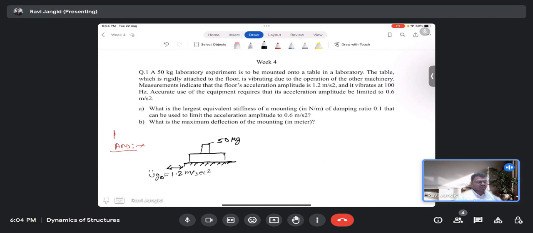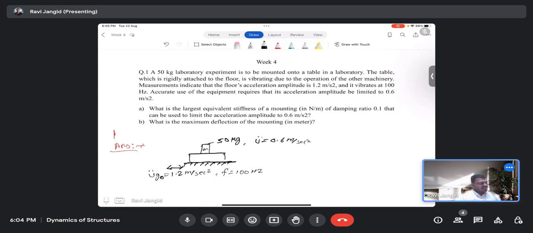Okay, and the frequency at which it vibrates is 100 hertz. So for the use of this machine, this amplitude should not be more than 0.6. U double dot should not exceed 0.6 meter per second square.